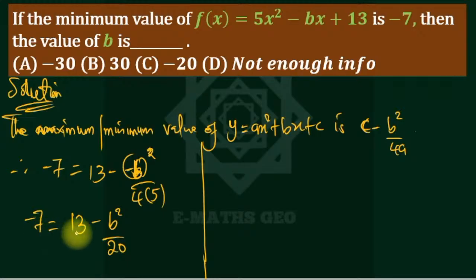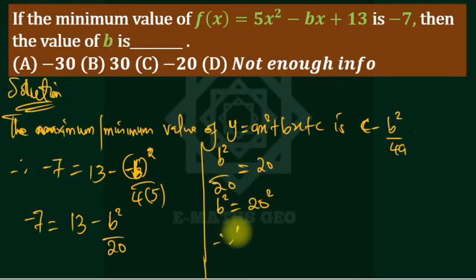So from here we move minus b squared over 20 to the other side, to be b squared over 20 equals 13 plus 7, which is 20. So b squared is now 20 squared.